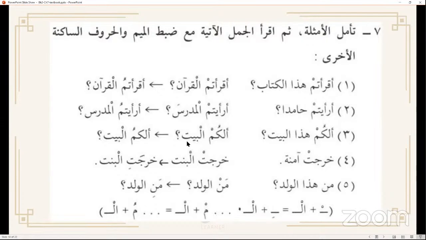I have already explained this concept to you. You need to look into these sentences, questions and answers, and see how the sign changes. For example, when there is meme sakin and two sakinain come together, how do things change? You need to know that.